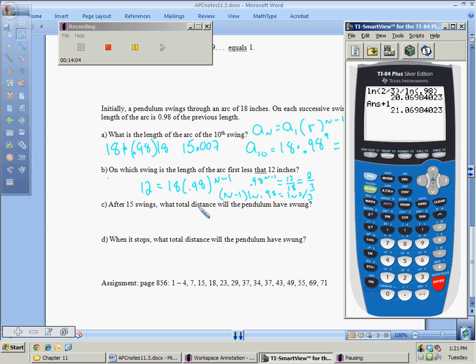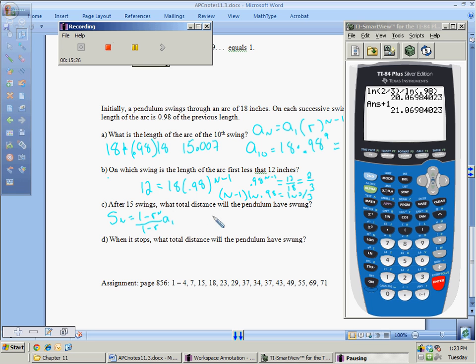After 15 swings, what would the total distance be that the pendulum has swung? Moving on, I'm going to use this formula, because it gives you the sum of a geometric sequence.